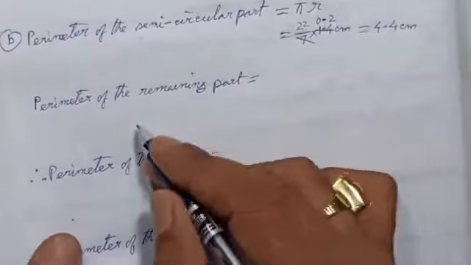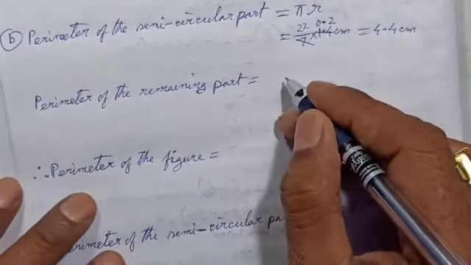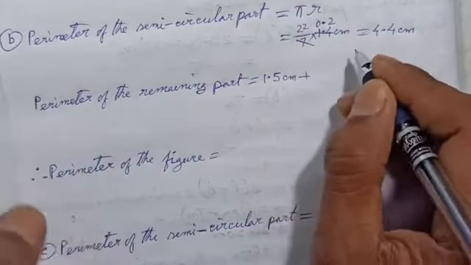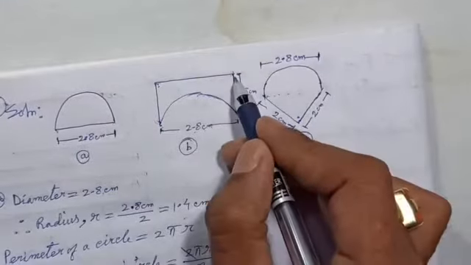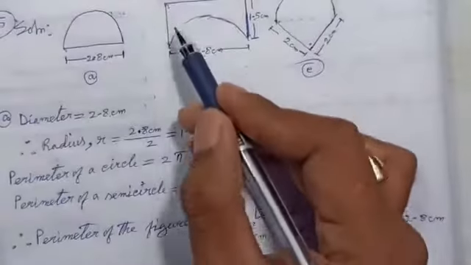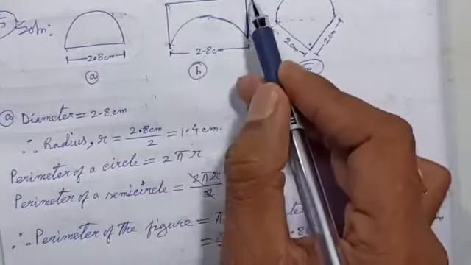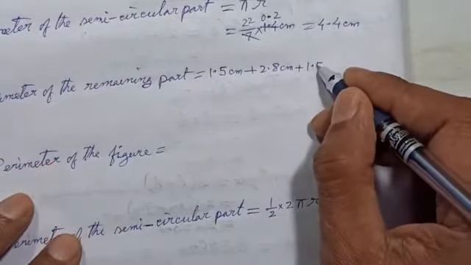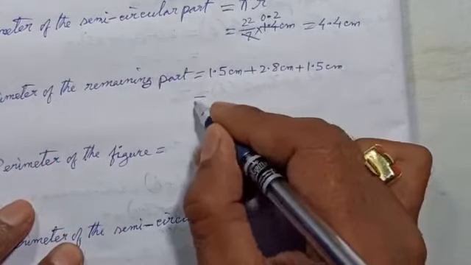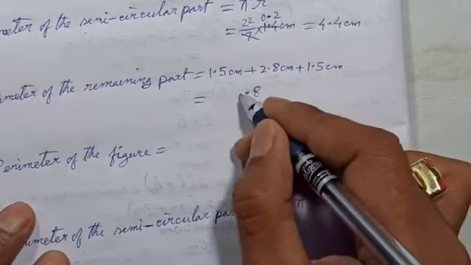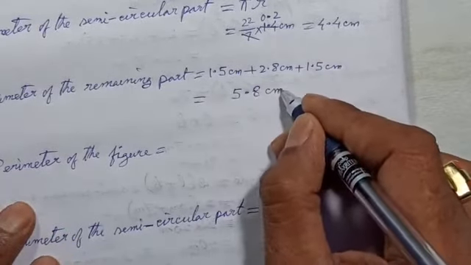So the perimeter of the remaining part will be 1.5 centimeter plus 2.8 centimeter plus again 1.5 centimeter. Let's add together. 5, 10, 18, 1 carry, 2, 3, 4, 5. 5.8 centimeter is what we get.